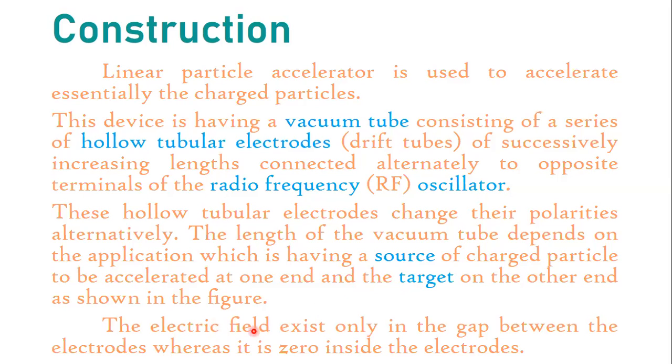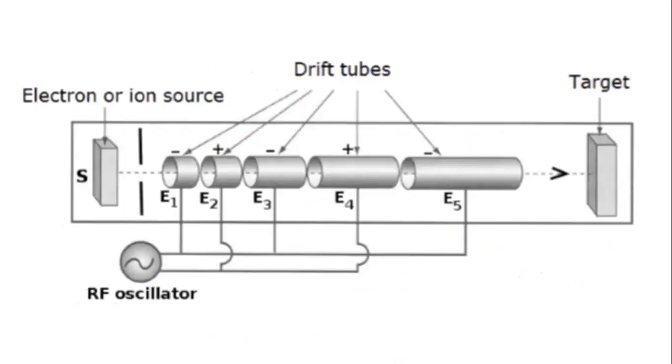The electric field exists only in the gap between the electrodes, whereas it is zero inside the electrodes. So look at the diagram which explains the construction of the linear particle accelerator. Here, this is the vacuum tube of the linear accelerator, which consists of a series of electrodes.